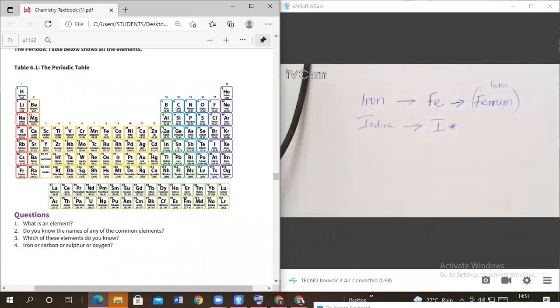Transition means they have a certain color in them. That's why you find iron has a different color, cobalt, nickel, copper, zinc, all these have different colors. While all these that are here, 1 and 2, they are white. You don't find any color with them. If you find a metal, it is gray in color.